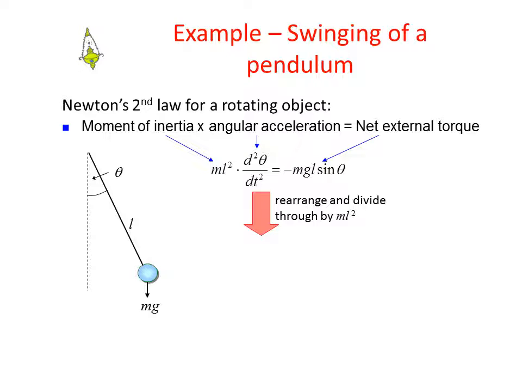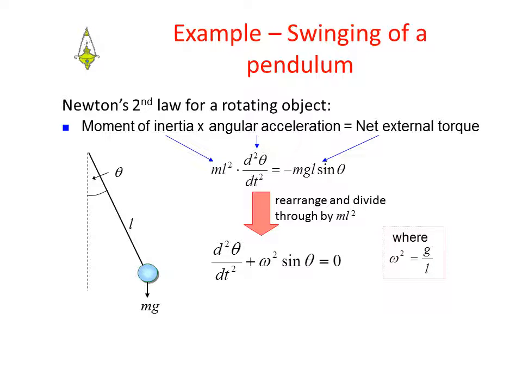Rearranging and dividing through by ml square, we get d square theta over dt square plus omega square sine theta is equal to 0. Since omega square is taken as g by L, if we divide ml square to the whole equation, we get g by L sine theta.